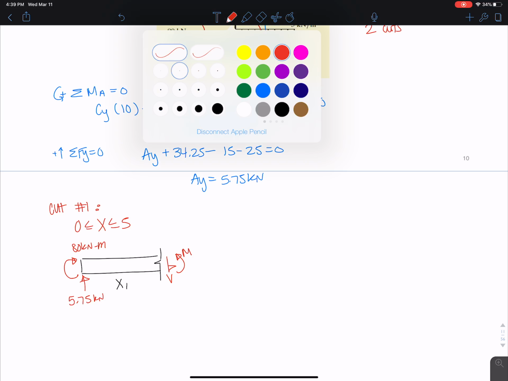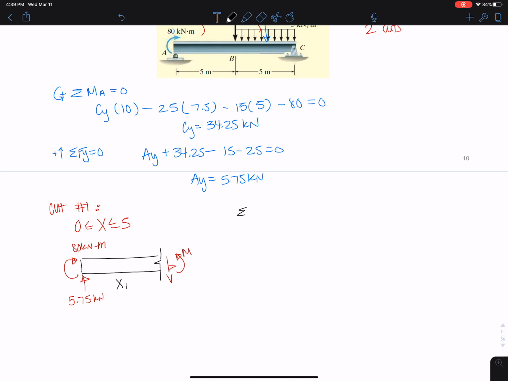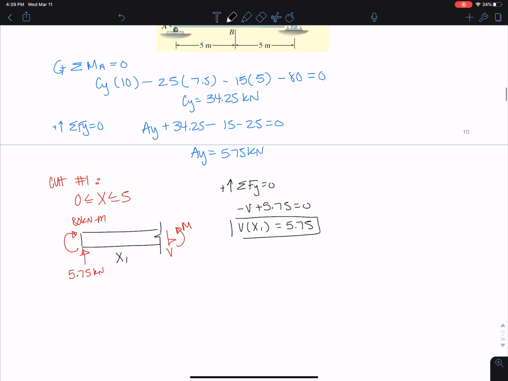Okay, now I'm going to solve for these by summing forces in the y direction, and I get negative V plus 5.75 equals 0. So V of x1 is just equal to 5.75. It's just constant. I can sum moments, set them equal to 0, and I get M minus 80 minus 5.75 x1 equals 0, and I get M of x1 is 80 plus 5.75 x1.